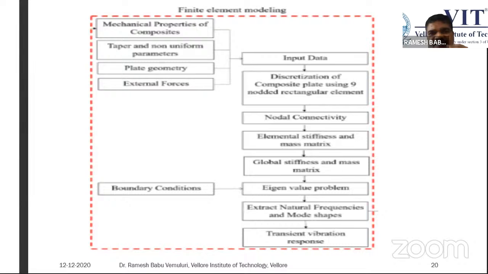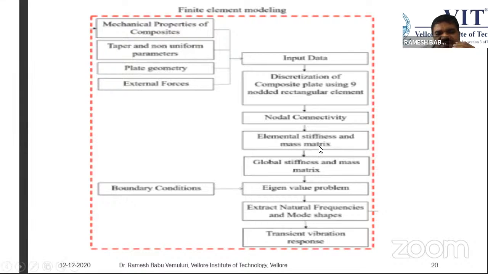Those who are already familiar with finite element modeling are already familiar with that. But anyway, for those who are not much in touch with finite element things, that's why I'm briefly explaining them. Then, once each element has continuity, for each element you can take the stiffness matrix and the mass matrix.